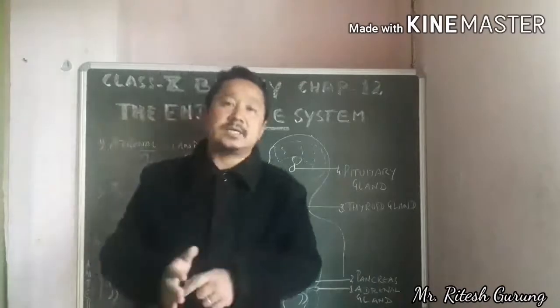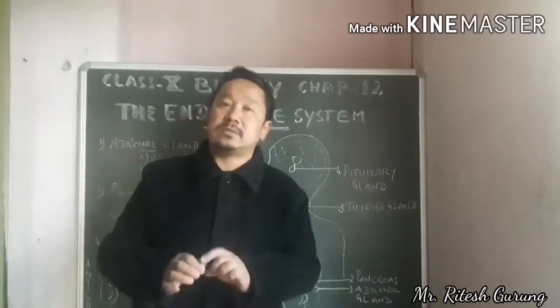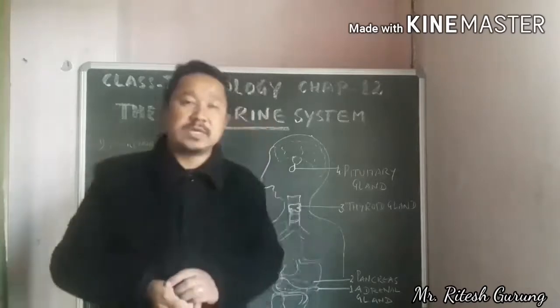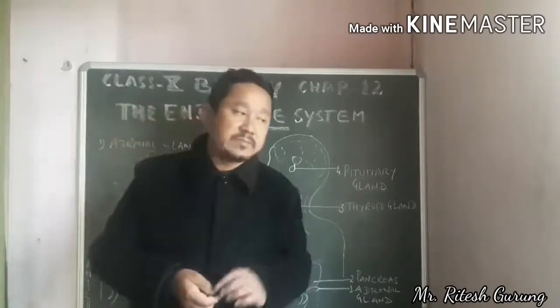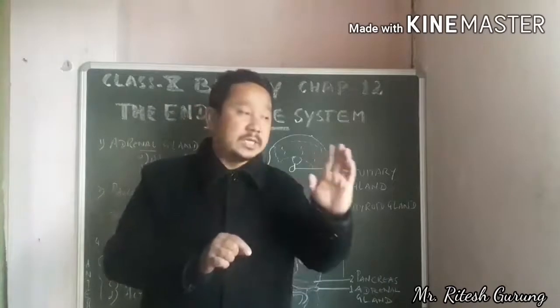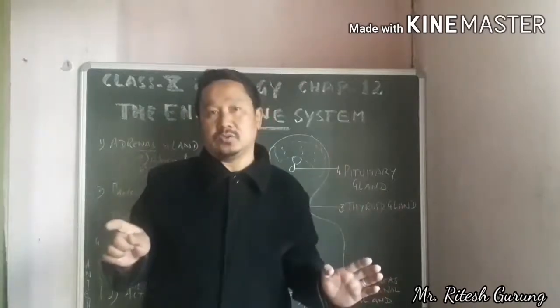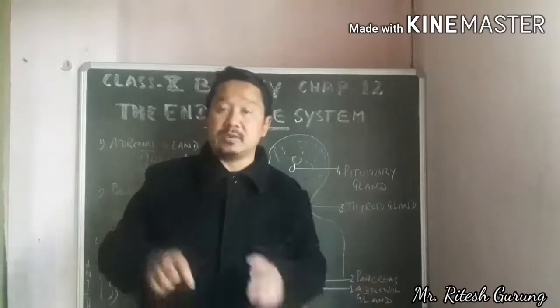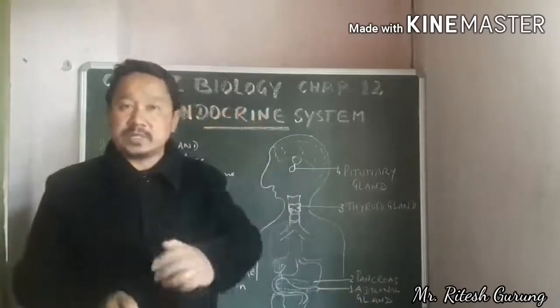On the other side, there is another gland called the exocrine gland. According to your syllabus, you got to know the difference between the endocrine gland and the exocrine gland also. Endocrine you just came to know, but there is the exocrine gland also. What is an exocrine gland?